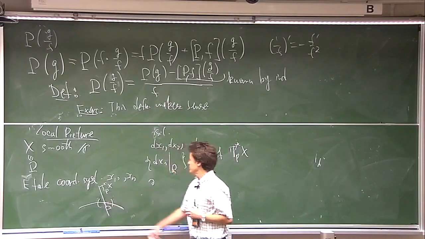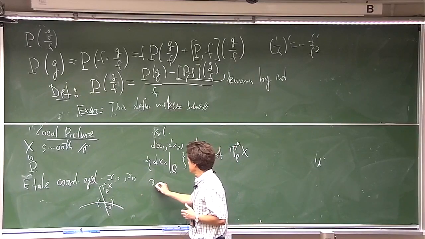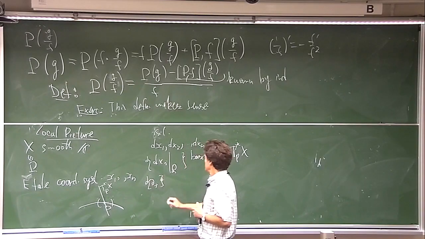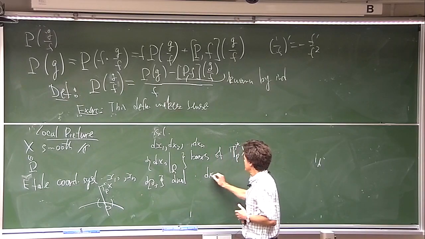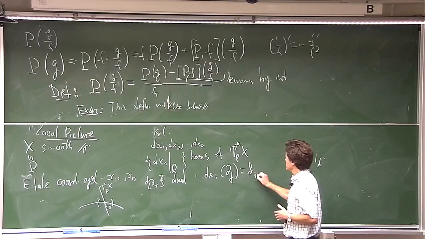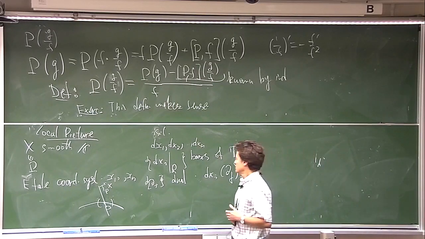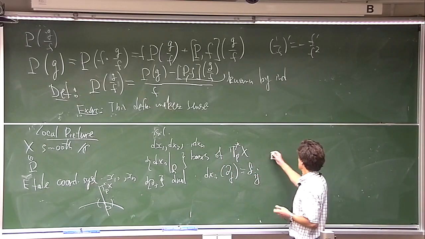Restrictions to the fiber give you a basis, and then locally you can pick a dual basis, so that the value of dx_i on d_k is either 0 or 1. And so that gives you trivialization of the tangent bundle. So this always exists.